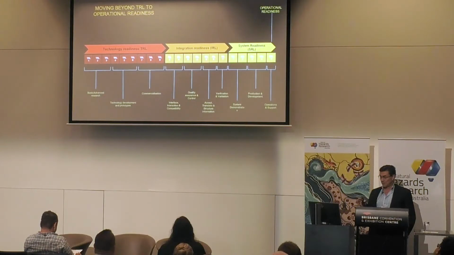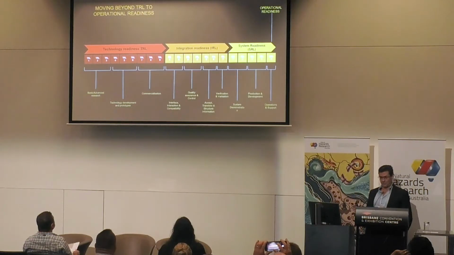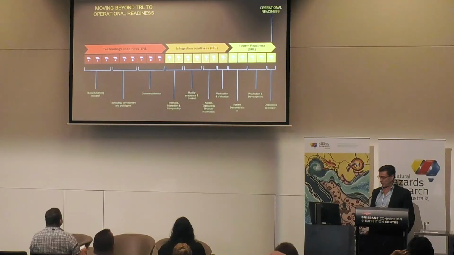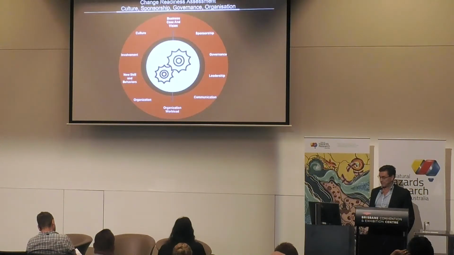So now what we're talking about is the 9 phases of technology readiness moving into the phases of integration readiness, where we go into interface, quality assurance control, accept, translate, structure information, verification, validation, and then into systems readiness, systems demonstration, product development, operations and support. That's a long road to hoe to get to the point where we've got an operationally ready system.